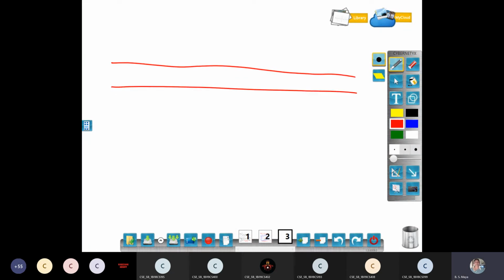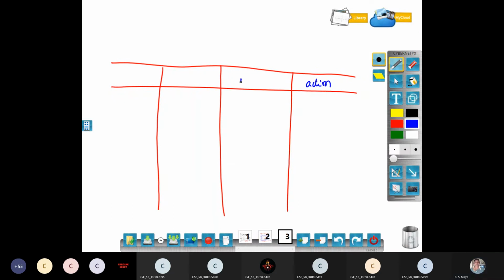The first one is matched string, the second one is the stack, the third one is input, and the fourth one is action. This is the action. This is your input; the input always ends with the dollar. And this is the stack; the stack has the top symbol. And this is your matched string.